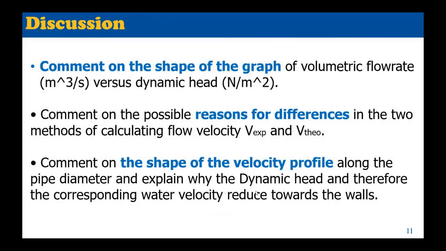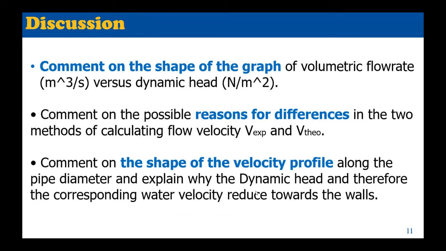Finally, in your discussion, you should add a comment on the shape of the graph you get from the volumetric versus the dynamic head curve. Comment on the possible reason if you see any difference in the plot of the experimental and theoretical velocity in the two methods.